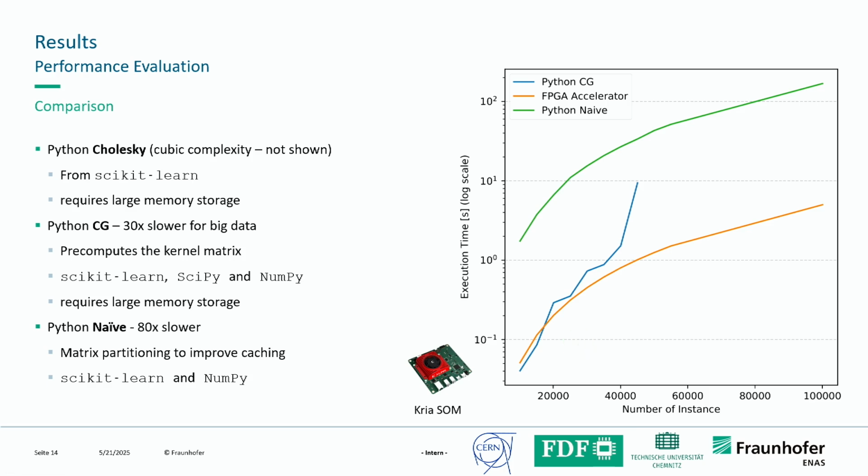This is expected because they calculate the kernel matrix and save it into memory. They don't recalculate it on the fly as we do. Once the dataset size increases, the memory latencies come into play, and it's slower, up until a point where you cannot continue further because we're out of RAM. But our accelerator just keeps going, and this approximately achieves 30 times faster in the best case. The orange and the green line is the same implementation as ours, but with Python.